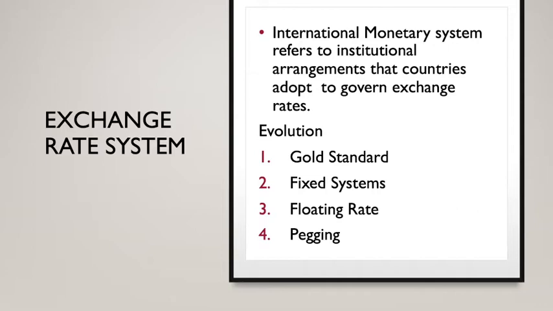The exchange rate system, which can also be called the global monetary system, evolved from the gold standard. Long ago, there was the gold standard, and then a fixed exchange rate system, then a floating rate system, and then a pegging rate system. This is how it evolved.